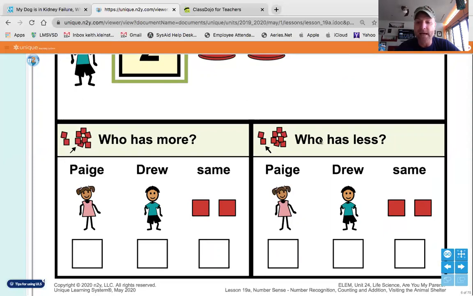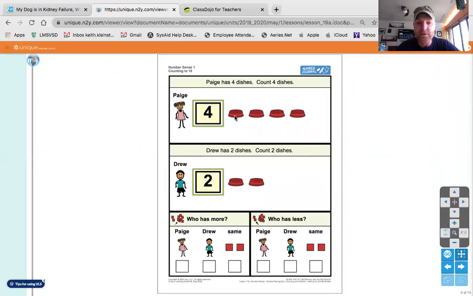Let's make it so we can actually see this, so we can compare. Paige has 4, Drew has 2. So which is more? 4. Who has less? Again, Drew has 2, Paige has 4. So Drew has less.